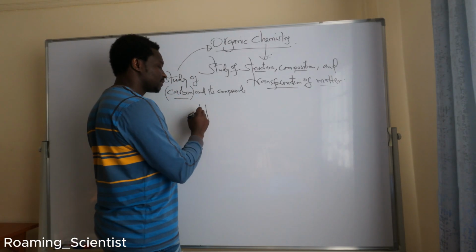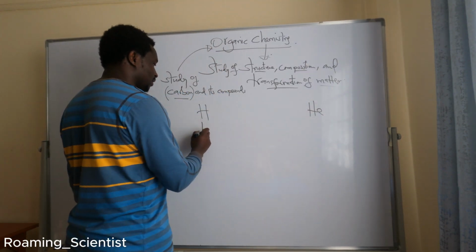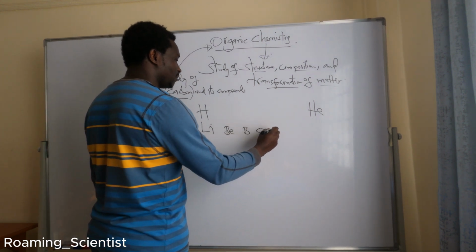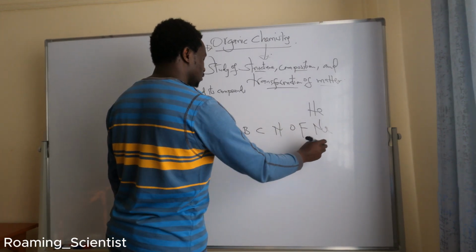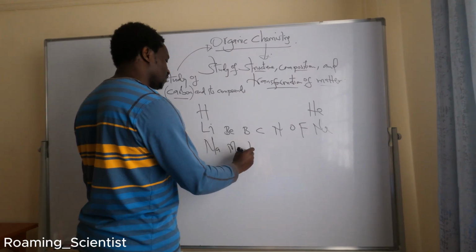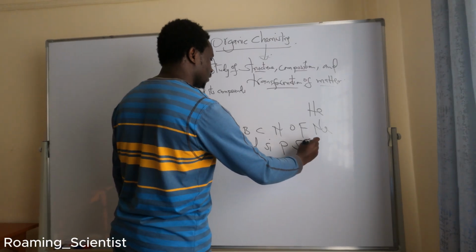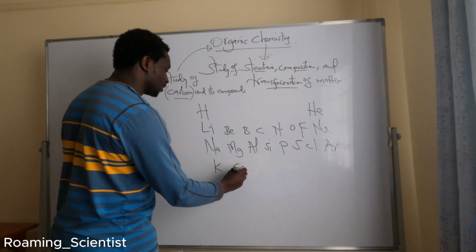hydrogen, helium, lithium, beryllium, boron, carbon, nitrogen, oxygen, fluorine, neon. We have sodium, magnesium, aluminium, silicon, phosphorus, sulfur, chlorine, argon, potassium, and calcium.